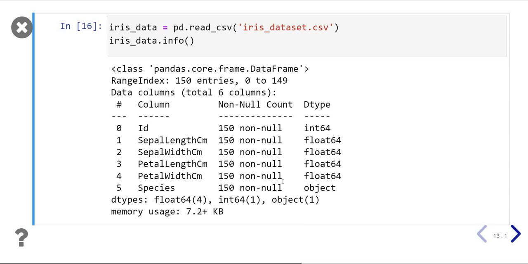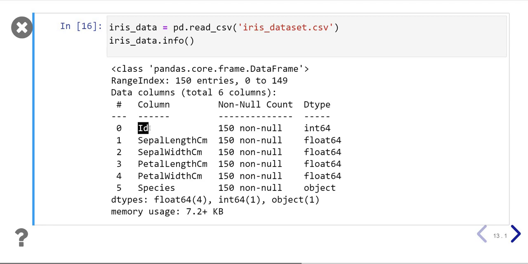How many rows? 150 entries, right? And of course, total 6 columns. Do you have any missing values? We don't have any missing values, right?